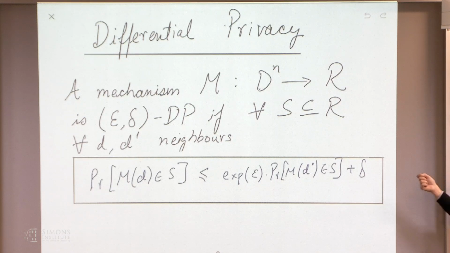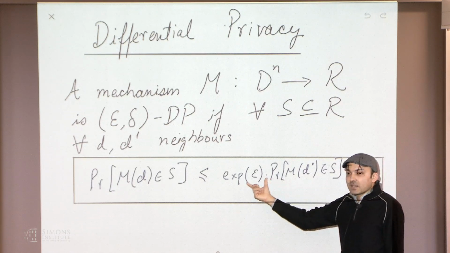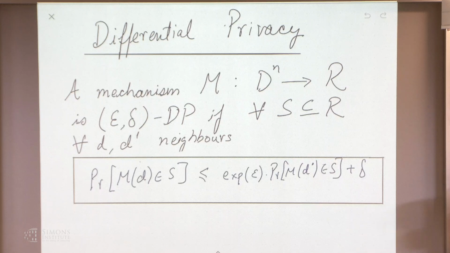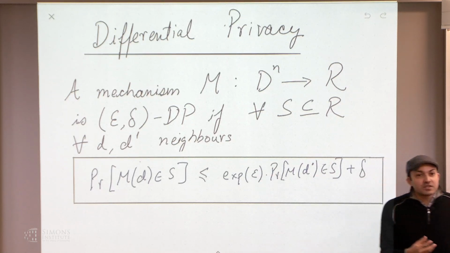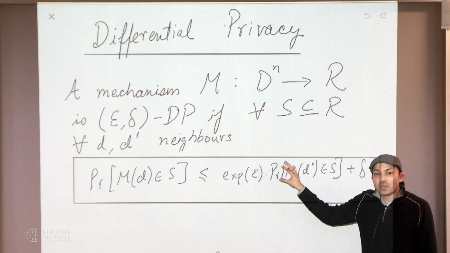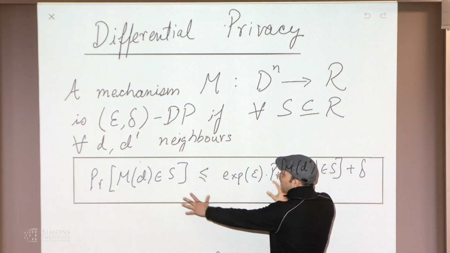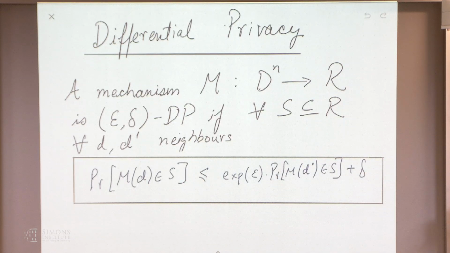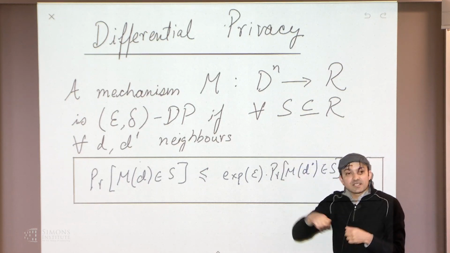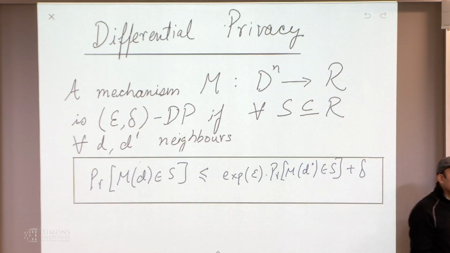Right, so think of e to the epsilon. When epsilon is small, this is like 1 plus epsilon. So these two events are relatively close. Even if epsilon is a small constant, this is still giving you some guarantees on how large the ratio of these two events can be. We'll think of neighbors as two data sets that differ in the contribution of one person.